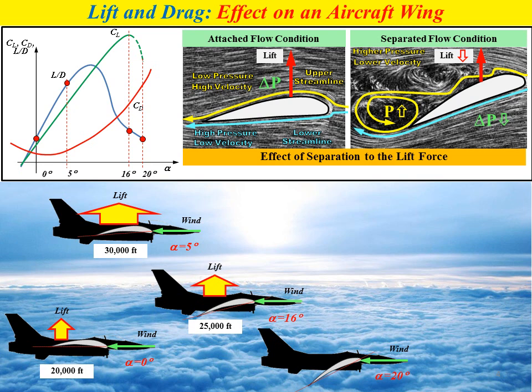Due to the separated flow on the surface of the aircraft wing, the aircraft will fly at a lower height, which is 15,000 feet. This condition occurs due to more separation, minimum value of lift force and higher value of drag force.